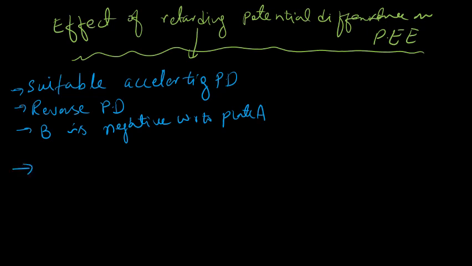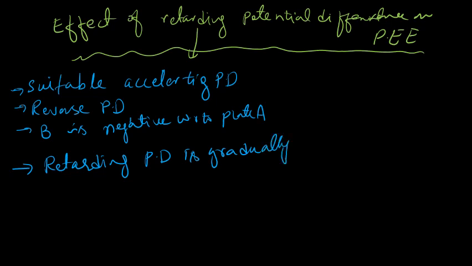When the retarding potential difference is gradually increased, what will happen? We increase it until the point comes when the photocurrent becomes zero.